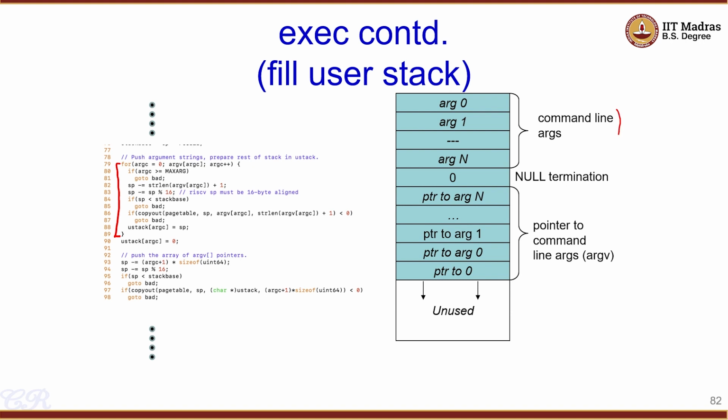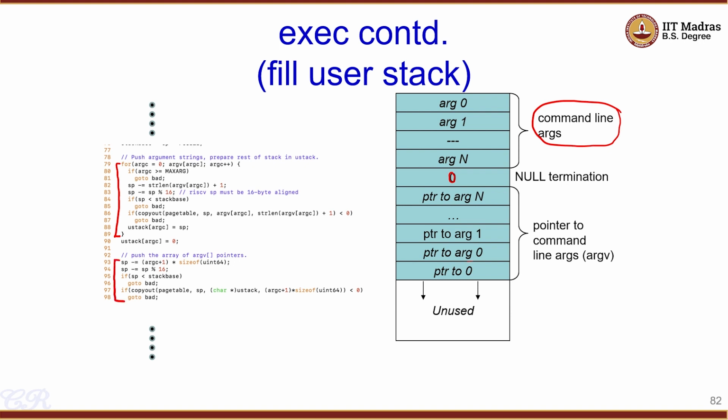So these are the command line arguments. Okay, then we have a null termination which marks the end of the command line strings, and then we start pushing pointers to these strings, like pointer to argn, pointer to arg1, pointer to arg0, and so on, right? A pointer to 0 and so on. Okay, so all of this is done over here as well as here.